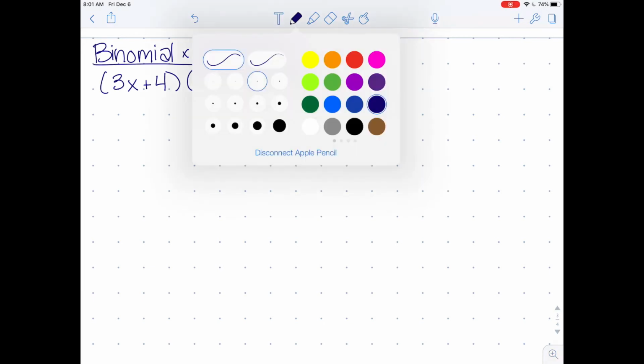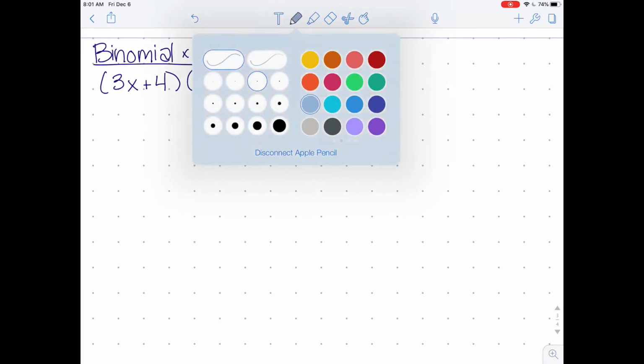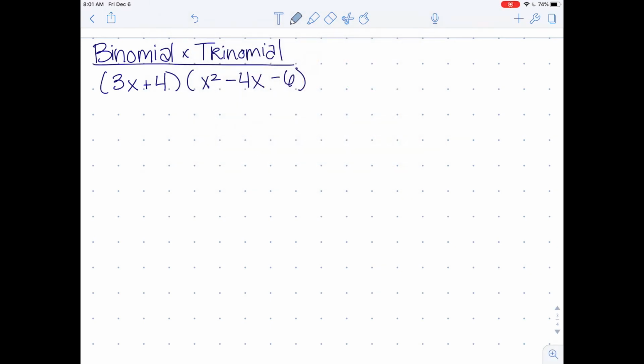So for this, I like to use the distributive property method because I think that is the easiest to see. So I'm going to take 3x times x squared minus 4x minus 6 plus 4 times x squared minus 4x minus 6.